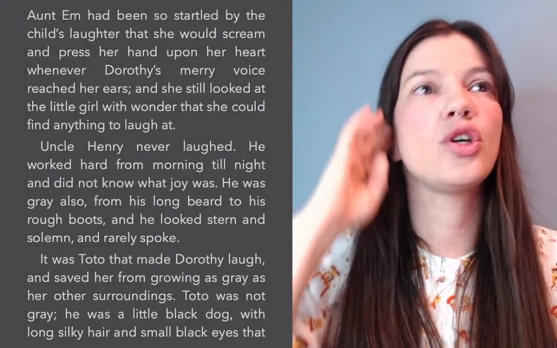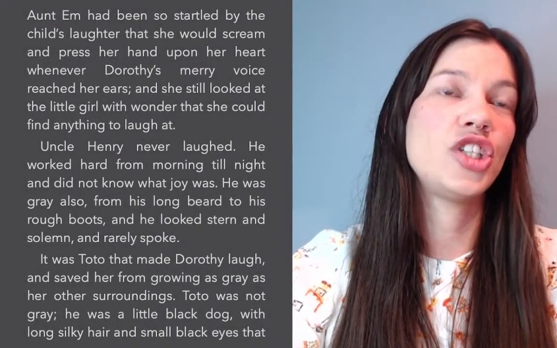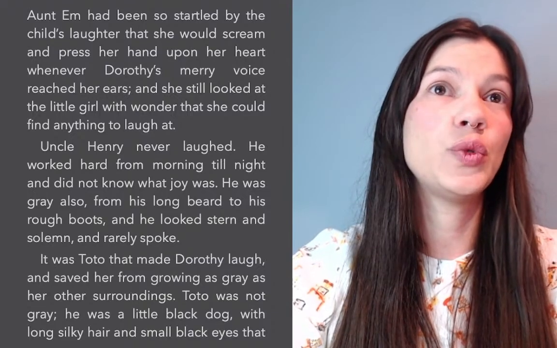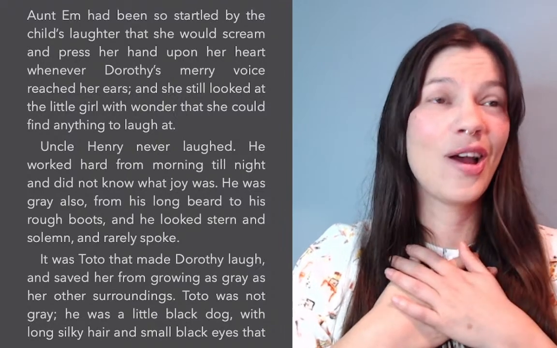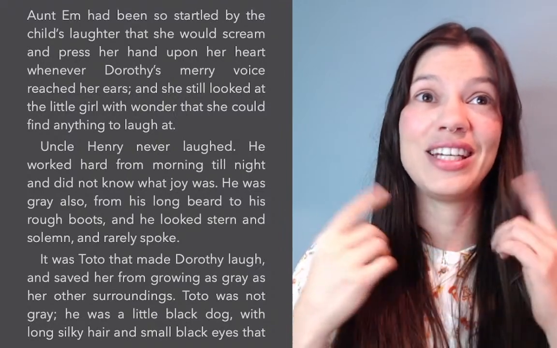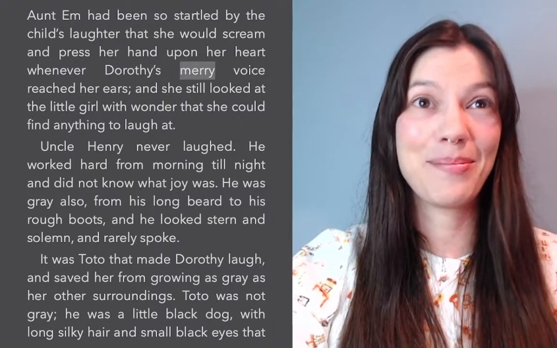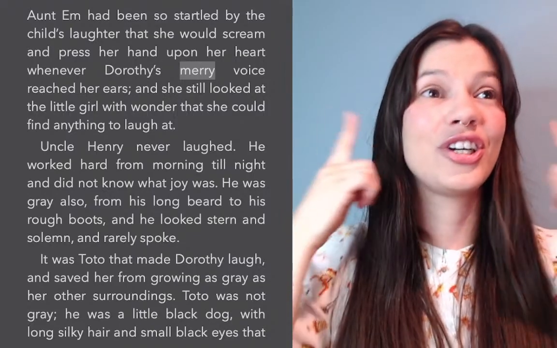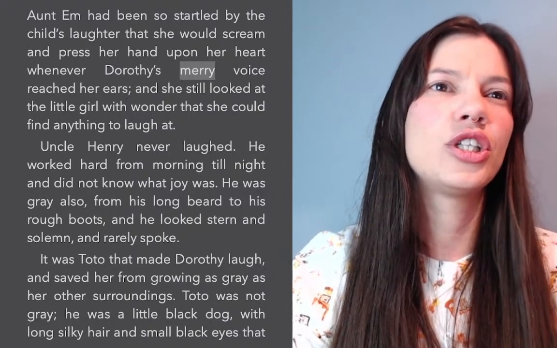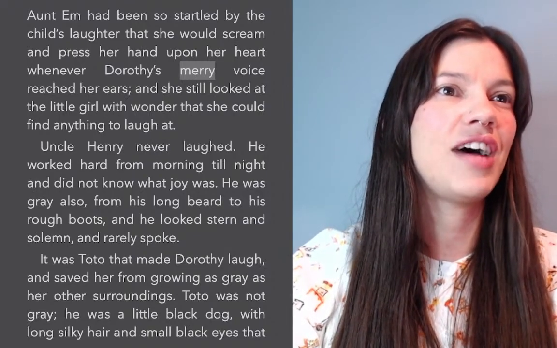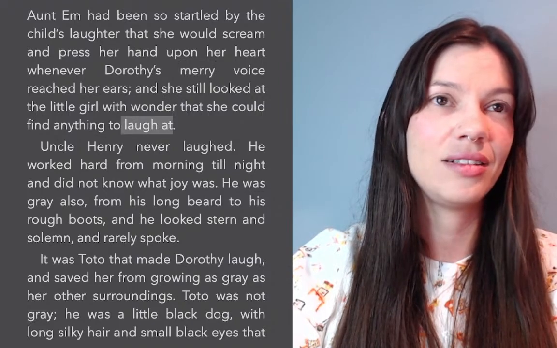When Dorothy, who was an orphan, first came to her, Aunt Em had been so startled by the child's laughter that she would scream and press her hands upon her heart whenever Dorothy's merry, happy voice reached her ears. And she still looked at the little girl with wonder that she could find anything to laugh at.